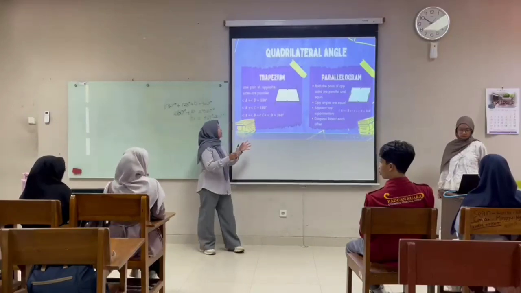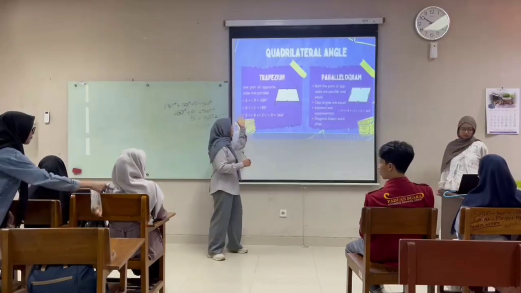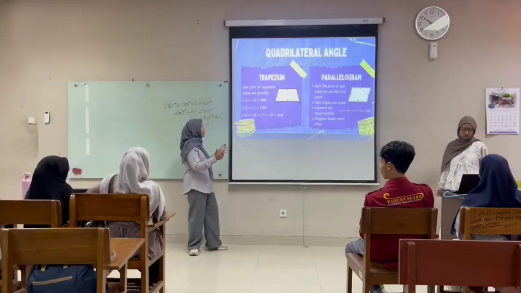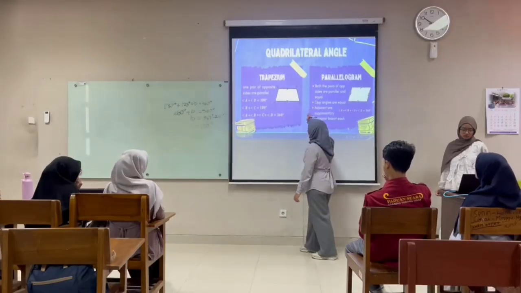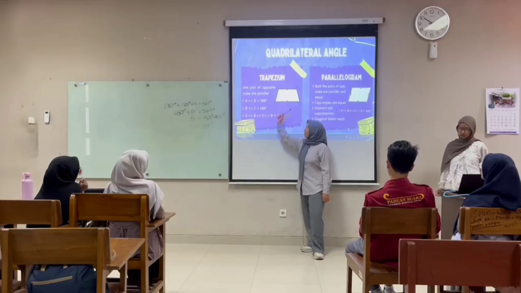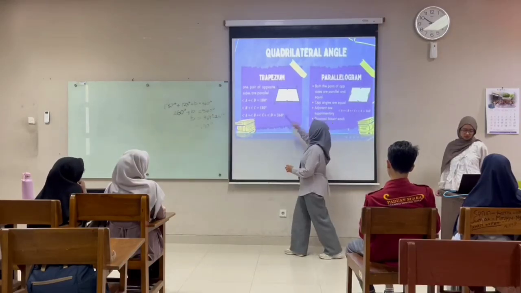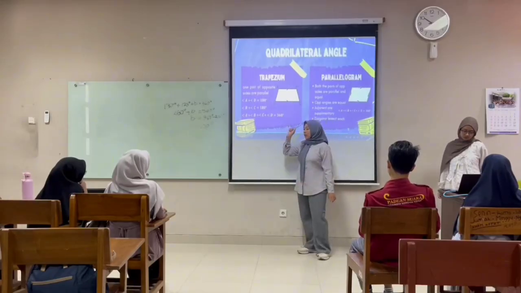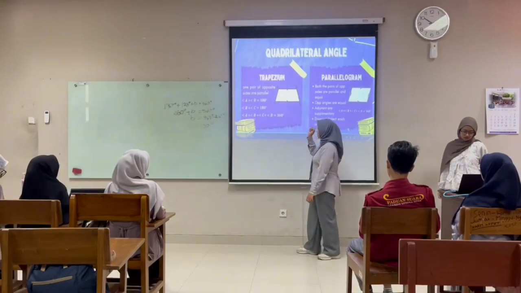Okay, the first type of quadrilateral is trapezium. A trapezium has one pair of opposite sides that are parallel. Look at this. Angle A plus angle D is equal to 180 degrees. Angle B plus angle C is equal to 180 degrees.